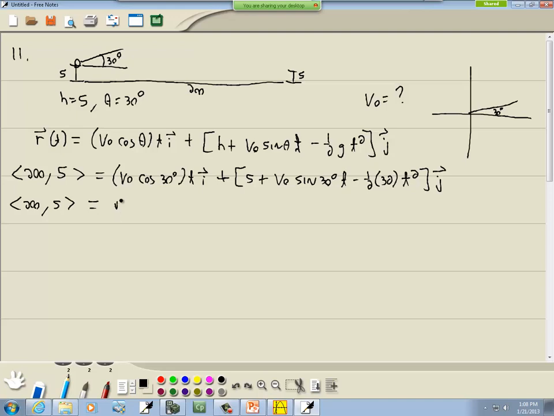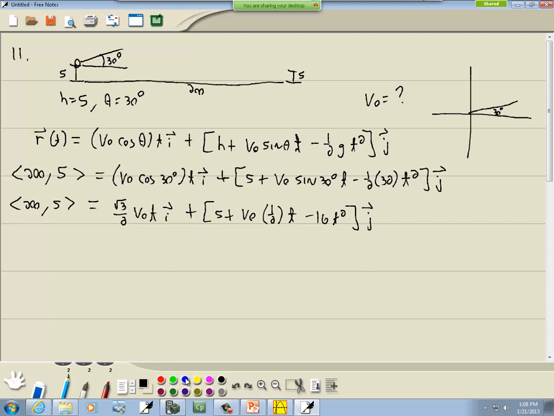So this becomes square root of 3 over 2 v naught t i. And over here, we got 5 plus v naught, we don't know, sine of 30 degrees is 1/2, t minus, that gives us 16 t squared j.